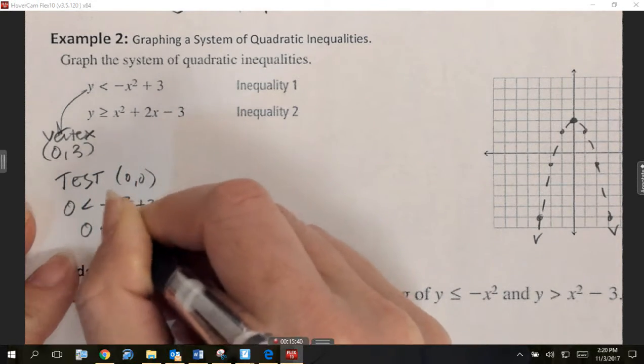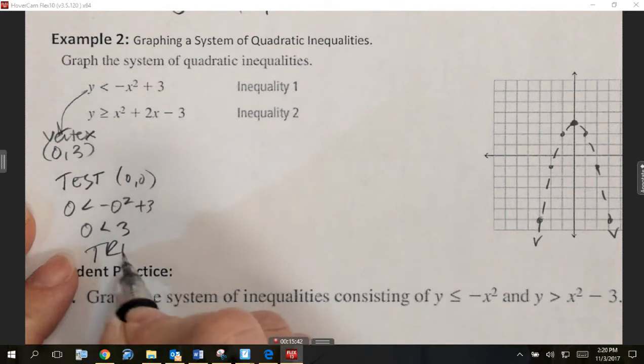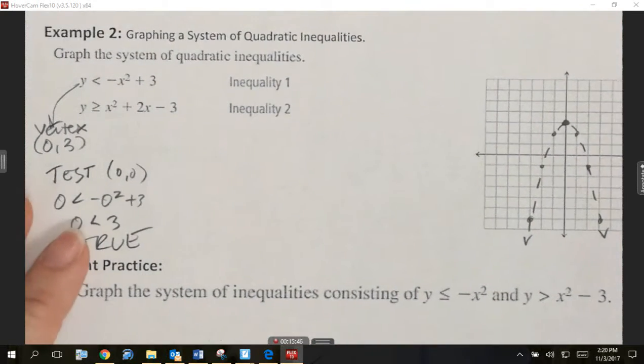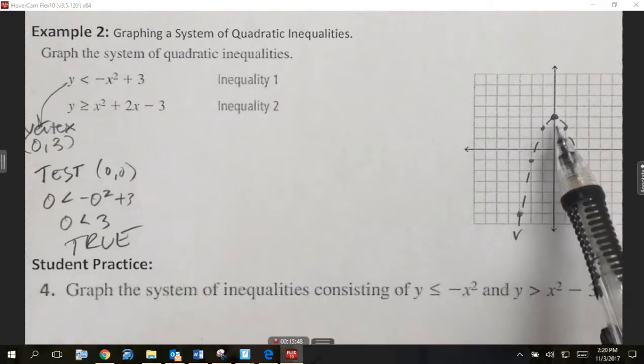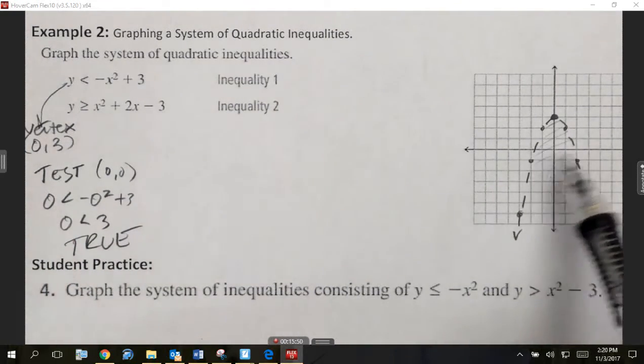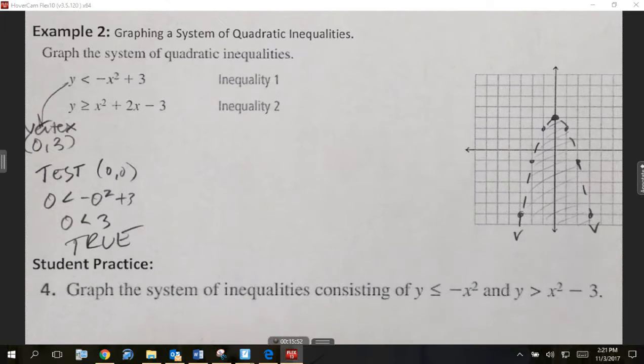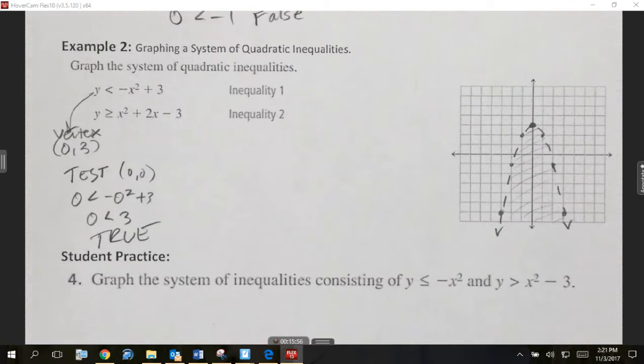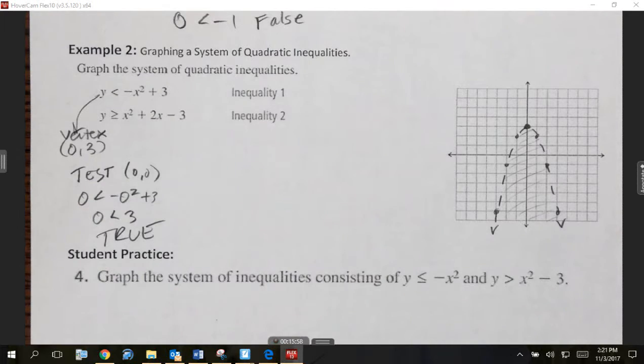So 0 less than 3. True or false? True. So I will shade 0, 0, but I'm not going to really do it yet. I'm just going to lightly say this is where it's going to be. But we still have another equation to do.